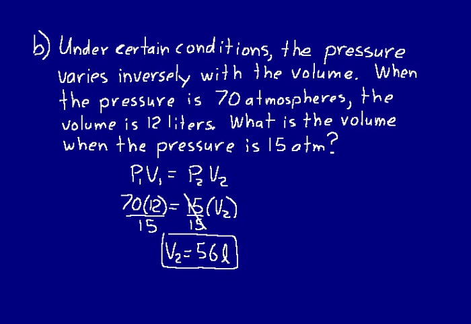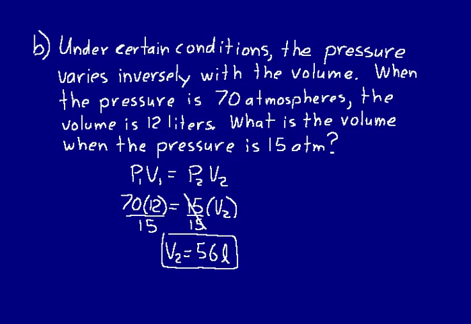So here's a math relationship that has an immediate direct impact. This type of problem is used in chemistry. And what if you had a container that was only 20 liters in size? You could use an equation like this to figure out if you could even get down to 15 atmospheres of pressure, or would that make your container explode?